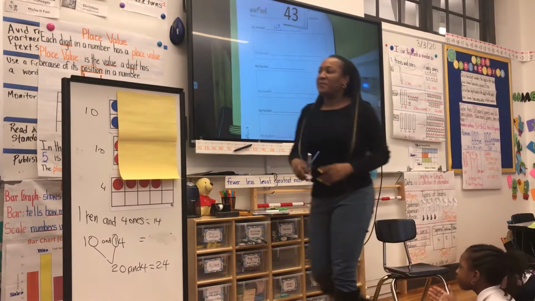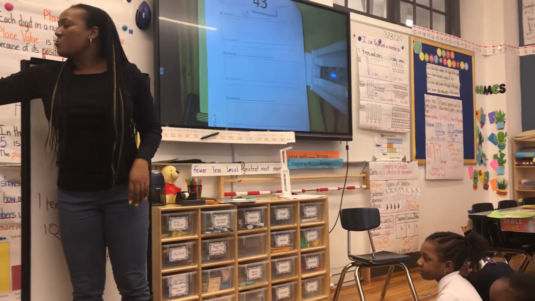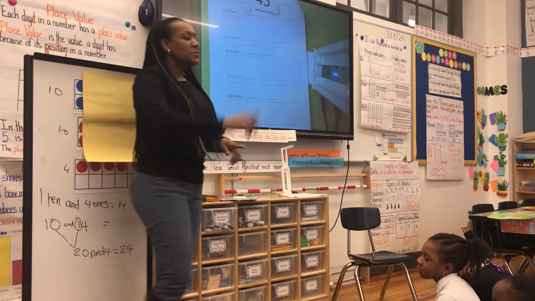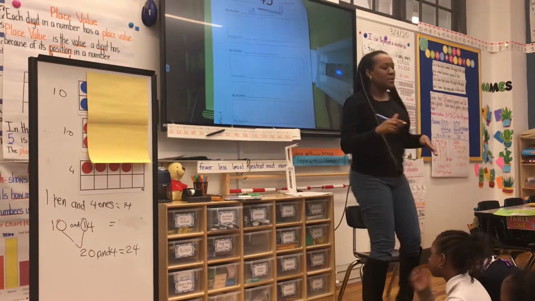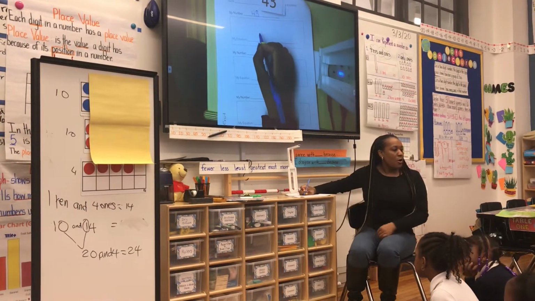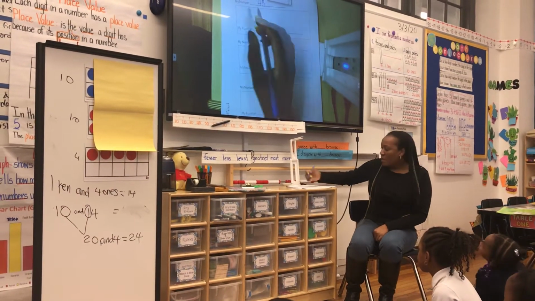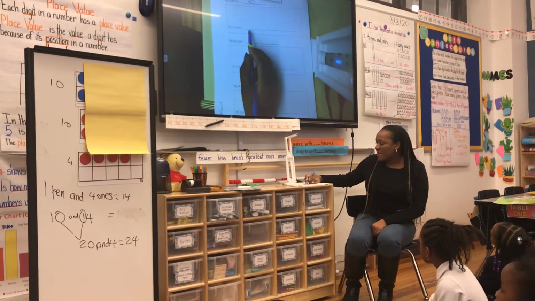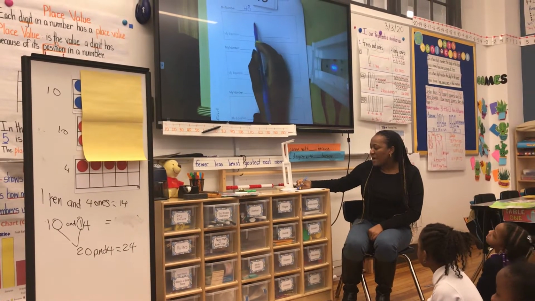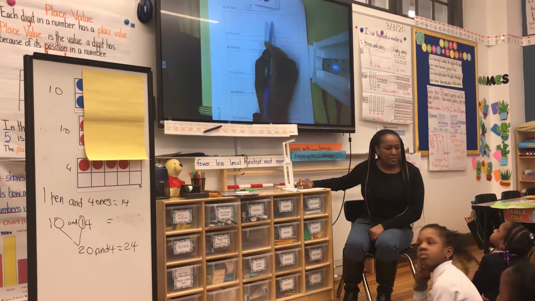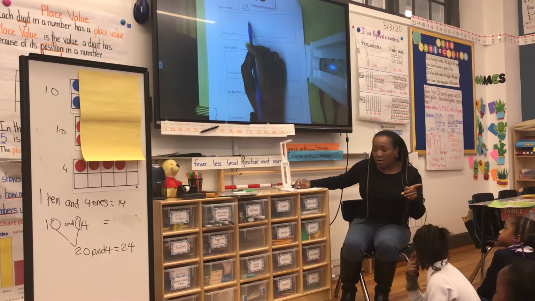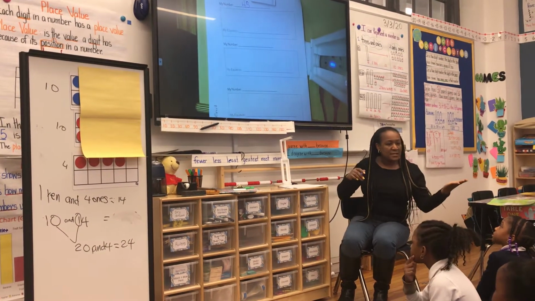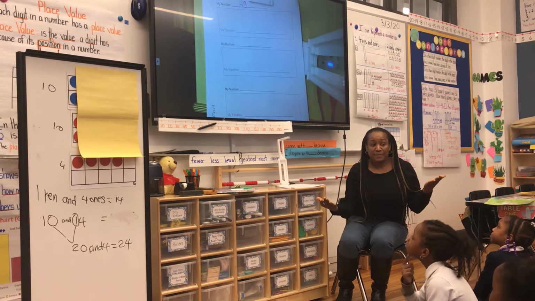Then the third thing we will do is write an equation to match exactly what you did on your sheet. Write an equation here, my equation. What equation can I write to match my representation of 43 as tens and ones?